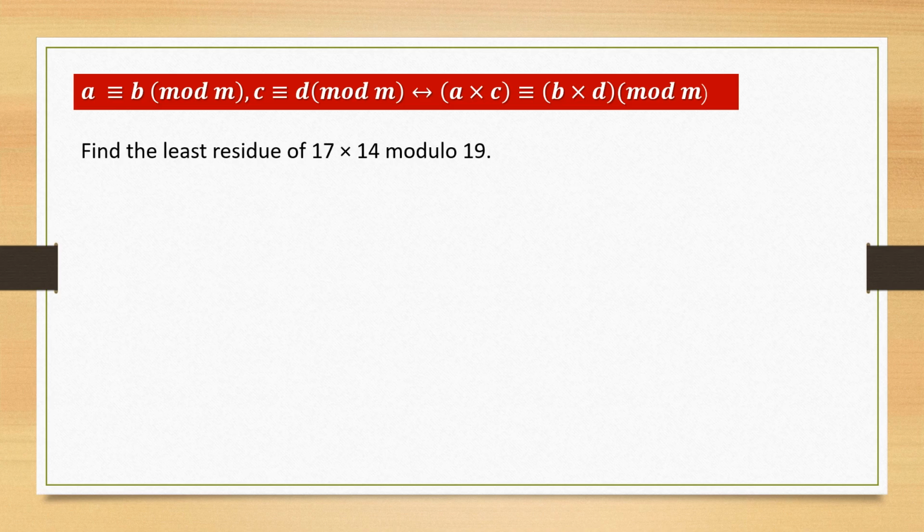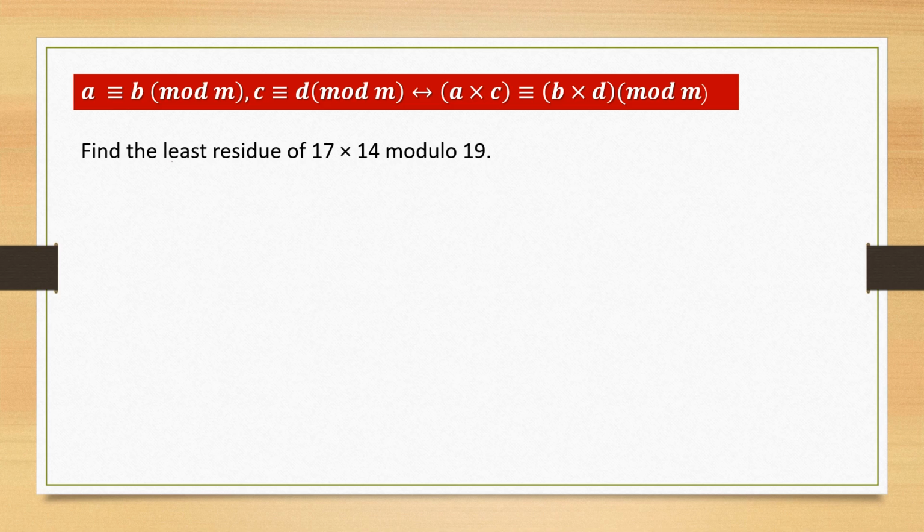Next is on the property: A is congruent to B modulo M, C is congruent to D modulo M, then the product AC is congruent to the product BD modulo M. So on this property, we'll solve this example.